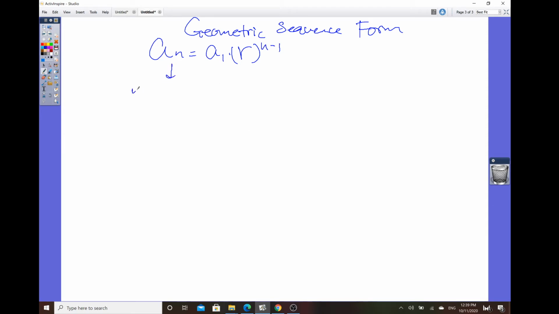So a sub n means the nth term. A sub 1 means the first number of the sequence. r is called the common ratio. Again, n is just the number of the nth term.